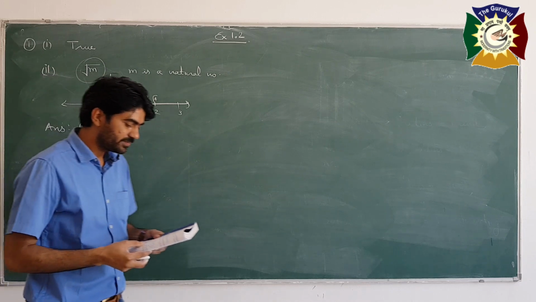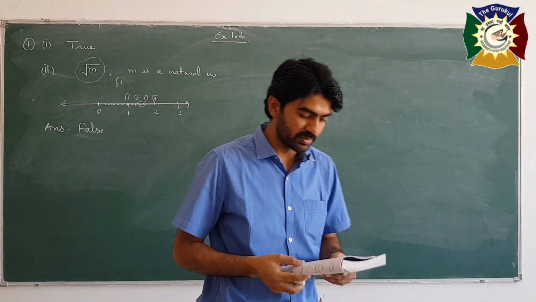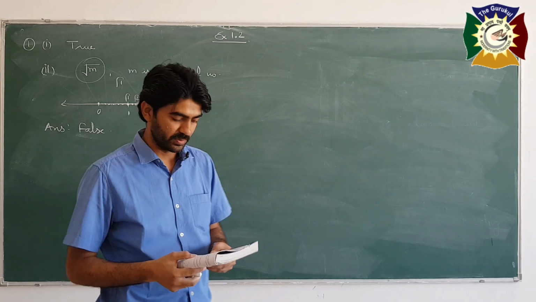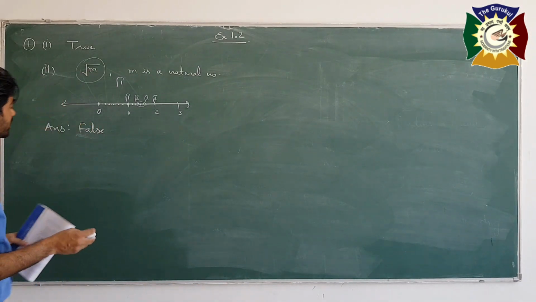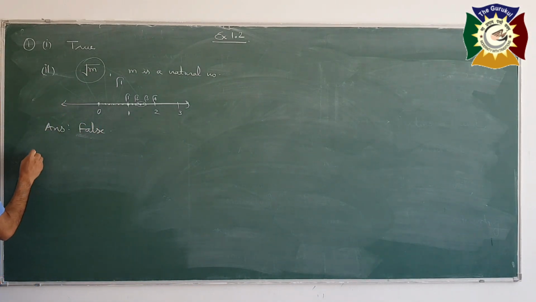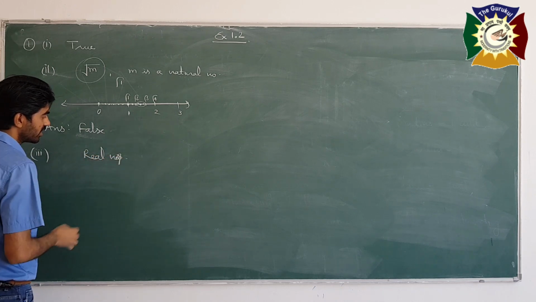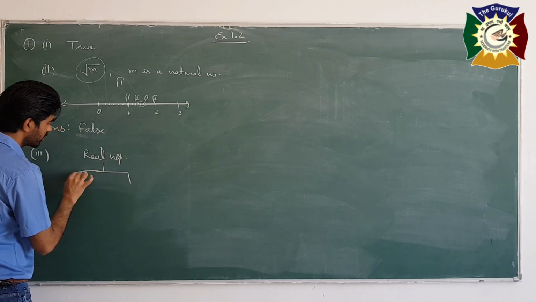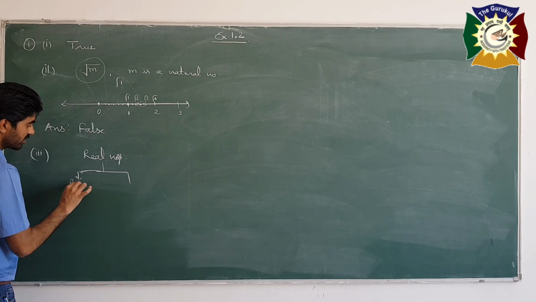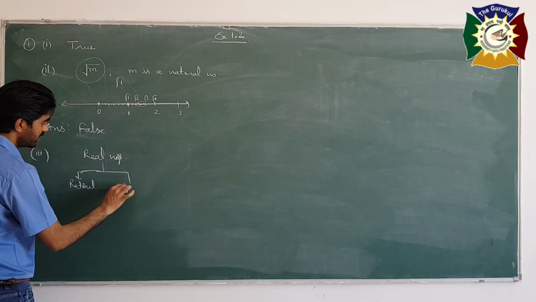Third statement: every real number is an irrational number. Now if I say part 3, real numbers. Real numbers include both rational as well as irrational.